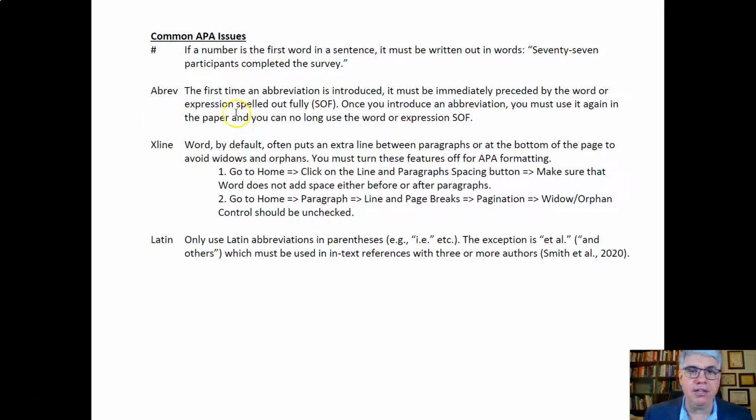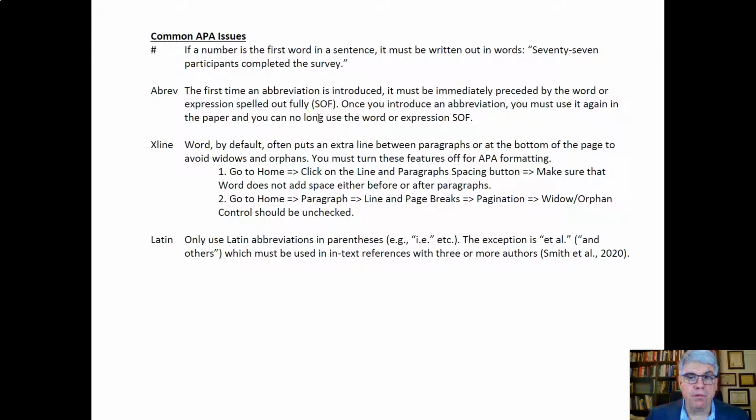So if I wanted to talk about spelled out fully and use an abbreviation, I would write the words "spelled out fully" here and then put SOF right afterwards. So that way, anytime somebody sees the letters SOF, they can search for it in the document, and the meaning of SOF will be right next to the first time that it occurs.